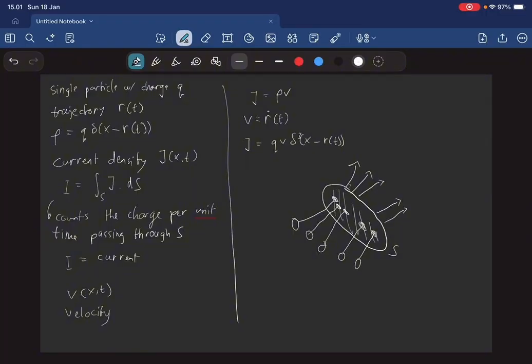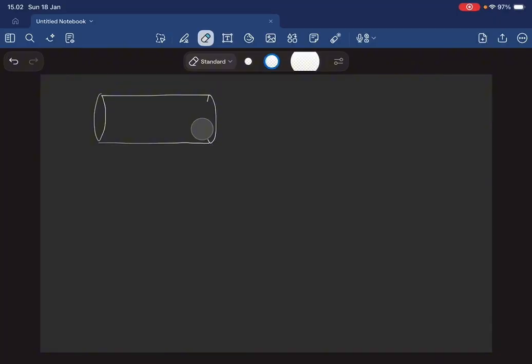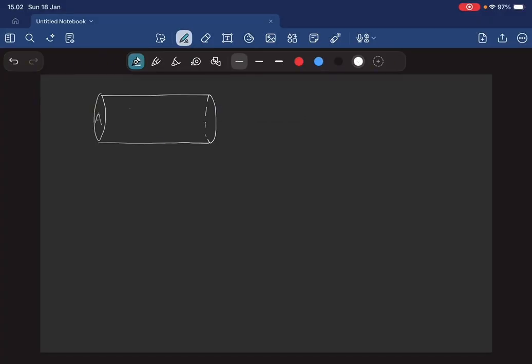As a simple example, consider electrons moving along a wire.